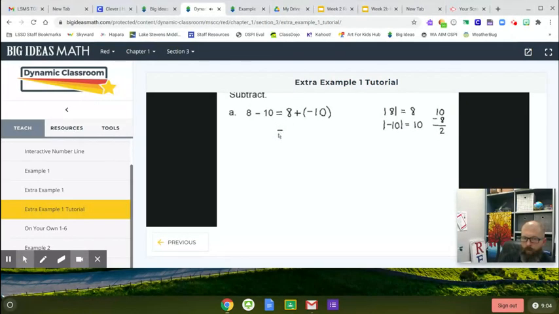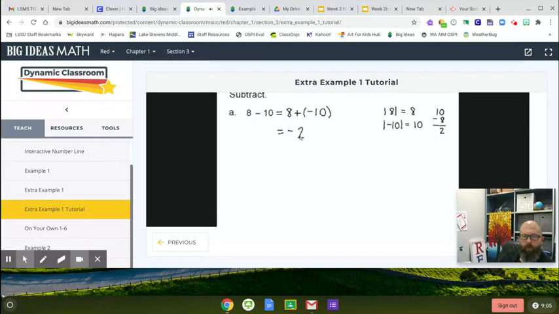We take the sign of the number with the greater absolute value. Like we said, 10 is greater than 8, and in our problem, 10 has the negative sign. So our answer will be negative as well. So the answer is negative 2. 8 minus 10 is equal to negative 2. Let's try another example.